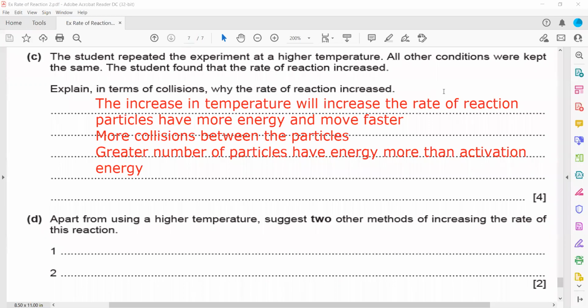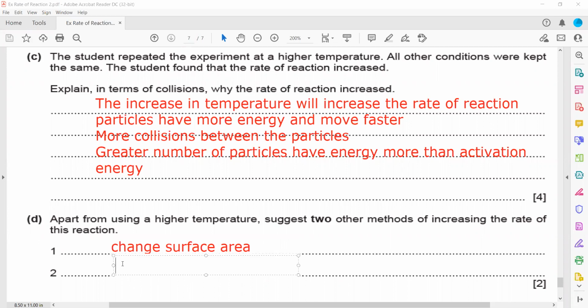Apart from using a higher temperature, suggest two methods to increase the rate. So which two methods can increase the rate? How can we change the rate of the reaction? We can do it by changing the surface area, or what else can we use? We can change the concentration, because pressure can also affect the rate, or we can use a catalyst.